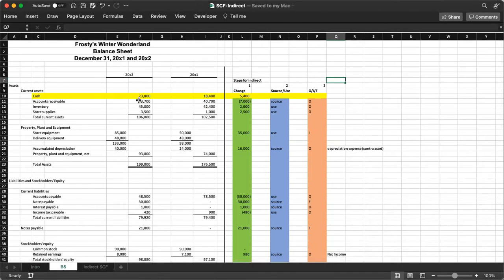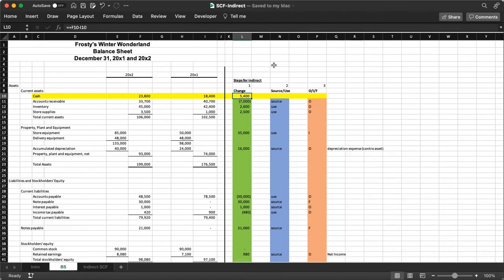So in this example, we have the current year on the left and the previous year on the right. And this is the balance sheet. So we are trying to find what this 5,400 increase in cash is from, what the root of it is.